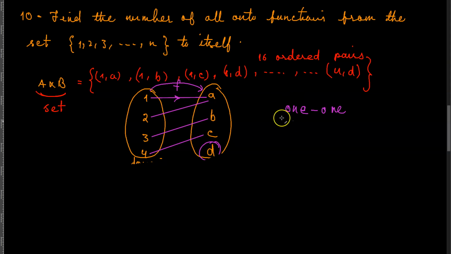As opposed to a 1-1 function, you have a many-1 function. There is another type of function which is called an onto function, and another type which is called a bijective function.